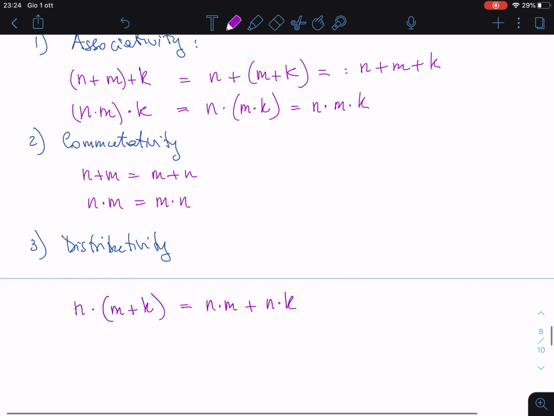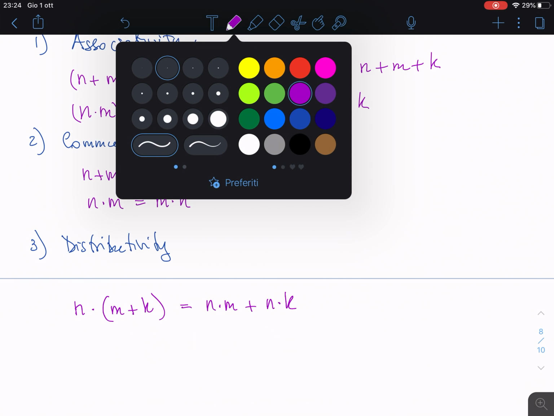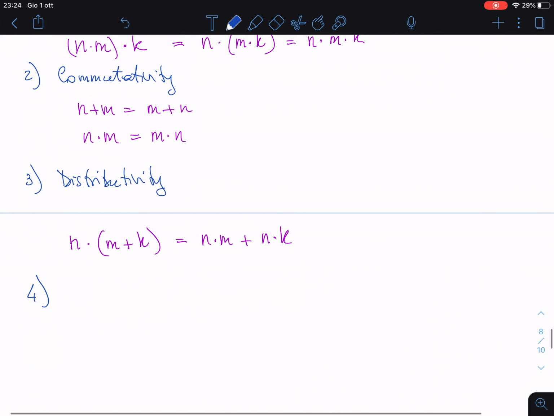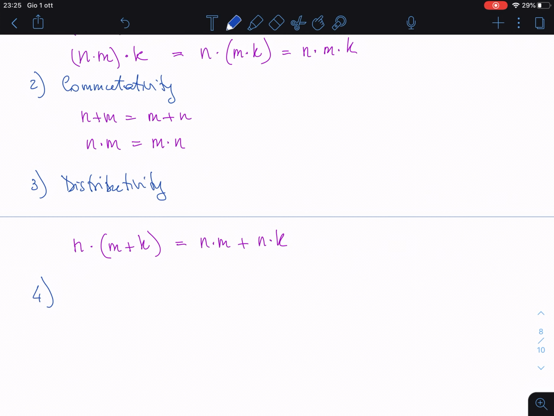And the fourth property is the existence of the neutral element.